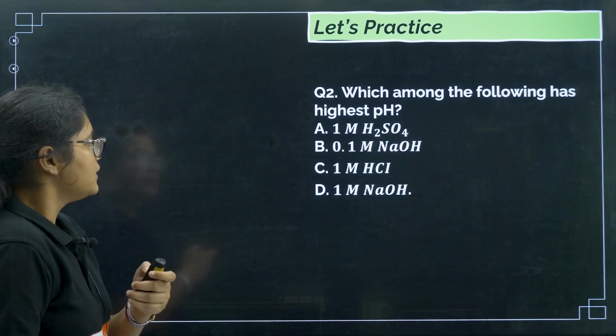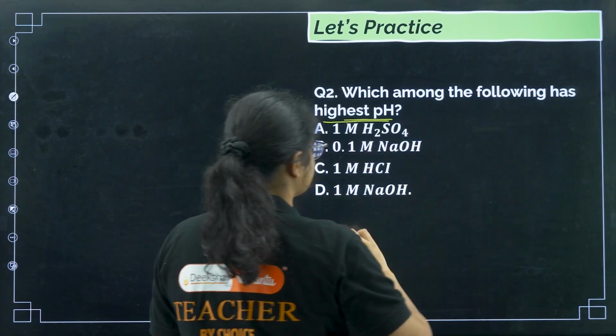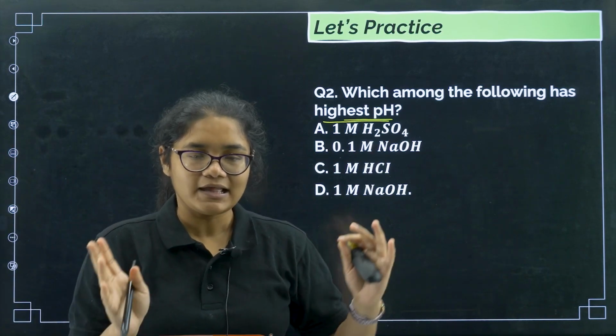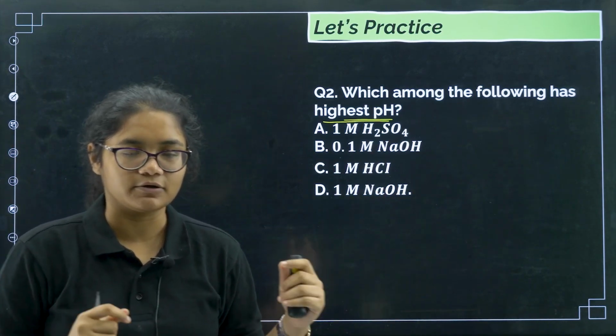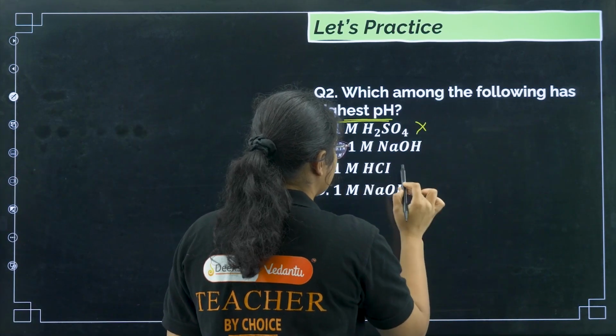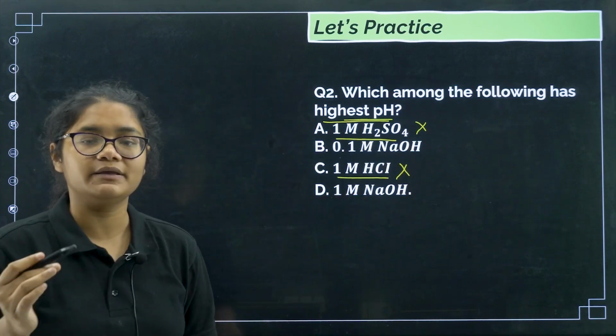Okay. Next, question number 2. Which among the following has the highest pH? So bases will definitely have more pH, and acids will have less pH, because these are strong acids, their pH value will be less. So we can eliminate these options because their pH value will be very low.